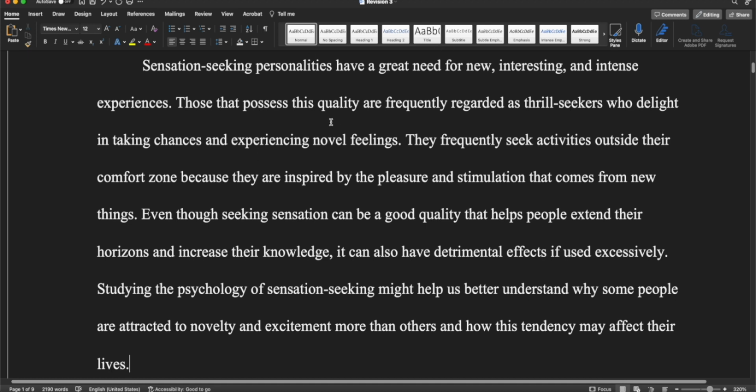So what is this paper about? It is going to be something about sensation-seeking personalities and the psychology thereof. It's geared us towards understanding and the effects. So to me, the more interesting question here is what constitutes balance? And if we want to know what constitutes balance, I think the relationship between the psychology of sensation-seeking behaviors and what they are is something you definitely need to explore, because that is what allows you to understand if something is sort of like a mental illness, right?